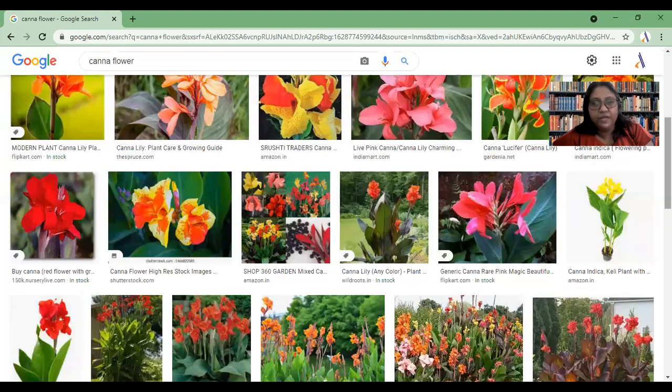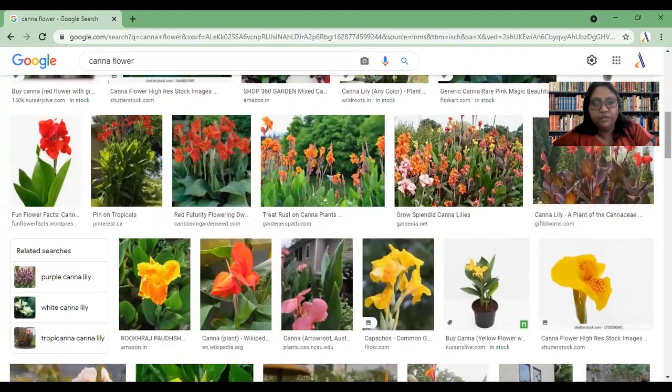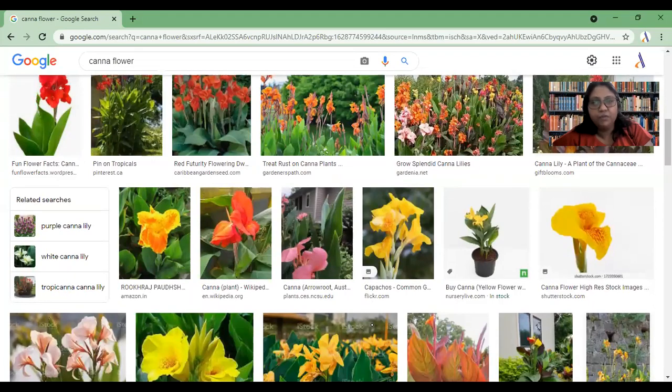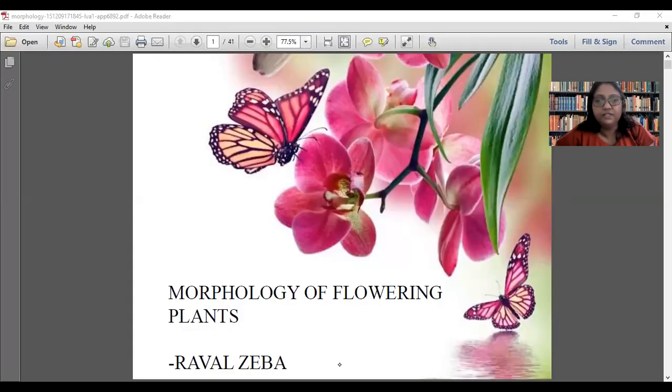They cannot be actually divided into equal planes. Any point you take. Okay. So that is why they are called asymmetrical. Now, apart from canna, there are other types of flowers which are known as actinomorphic and zygomorphic.